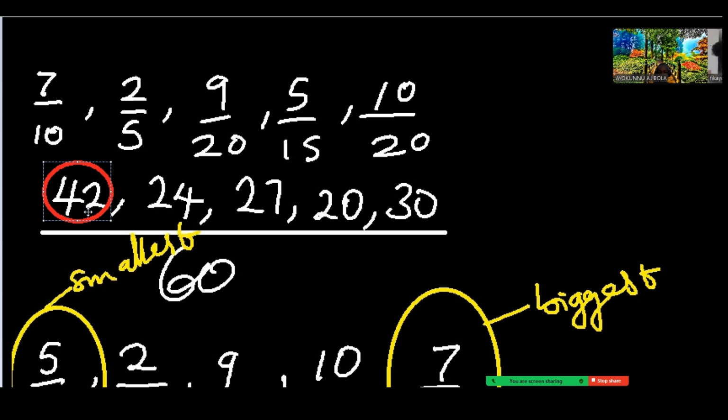Just give me the number you're seeing on the screen. 42. Okay, so 10 in 60 is 6. 6 times 7 is 42.